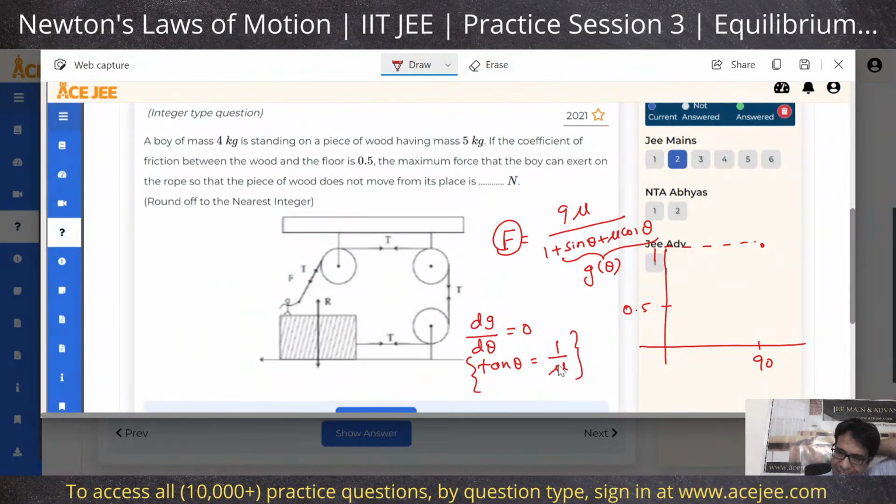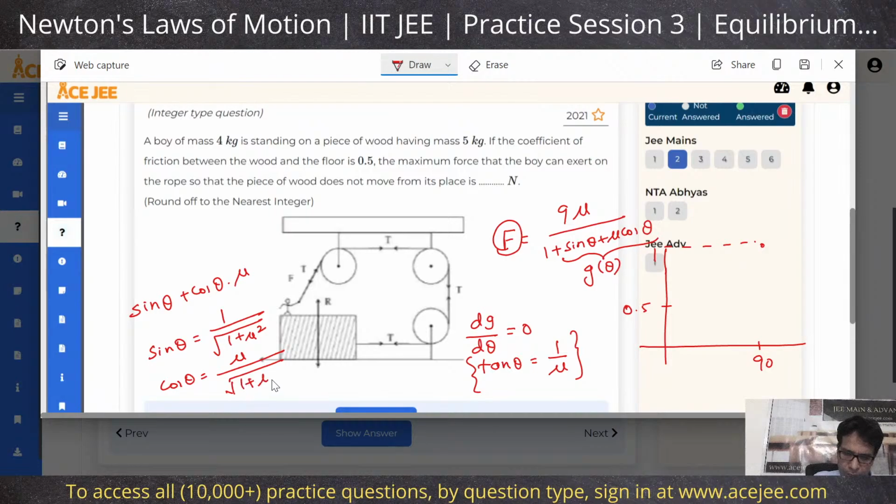But if you just want to see whether this is maxima or not, let's quickly see sine theta plus mu cos theta. If you take cos theta out, you will get tan theta plus mu, right? In fact, let me do it this way. If tan theta is mu, then sine theta is equal to 1 upon square root of 1 plus mu squared, and cos theta is mu upon square root of 1 plus mu squared.